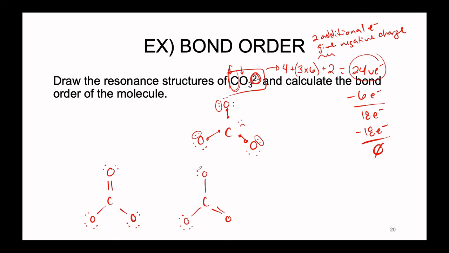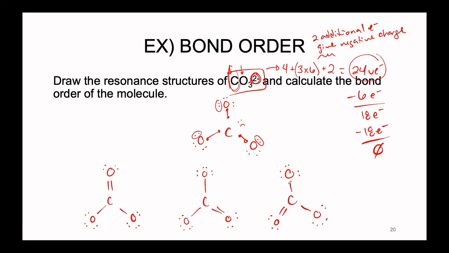All other lone pairs still intact. Or if we picked the double bond from the oxygen on the left, again, single bond to the oxygen up on top, single bond to the oxygen on the right, double bond now present on the left. We've pulled one of the lone pairs in from the oxygen on the left, and all of the other lone pairs are still present. So here we have 3 different options for where the lone pair can be present.